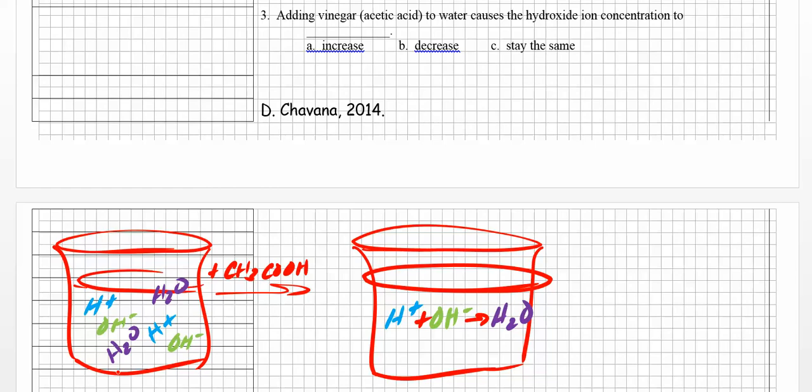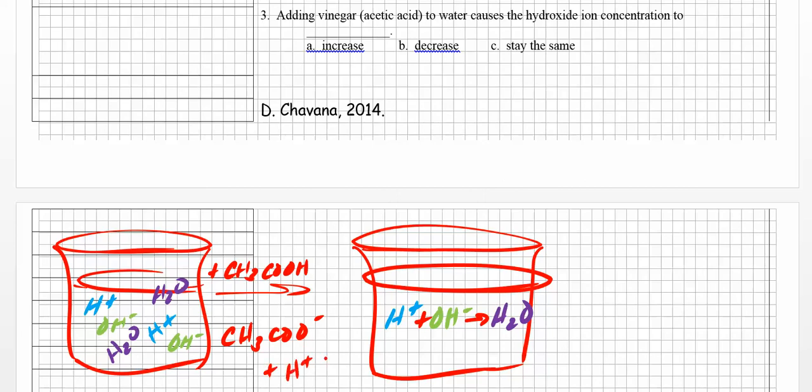But what happens if I add CH3COOH, acetic acid? Well, what's going to happen is that the acetic acid is going to dissociate in the water, right? And so in the dissociation process, I won't draw it in the beaker, I'll draw it down here, I'm going to get CH3COO minus, but I'm also going to get H plus ions, right?